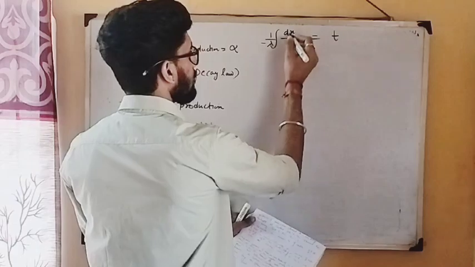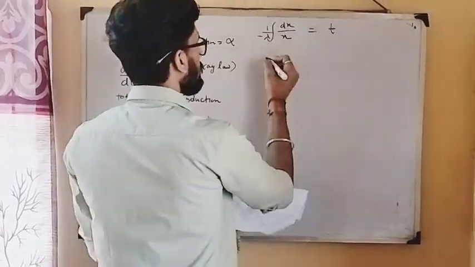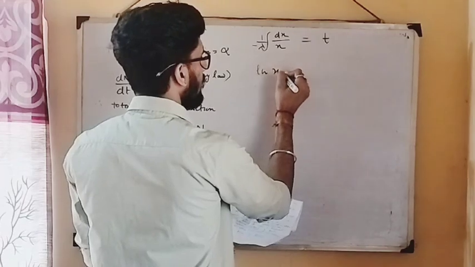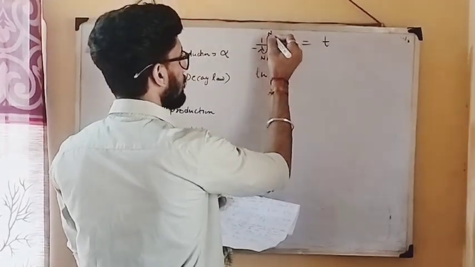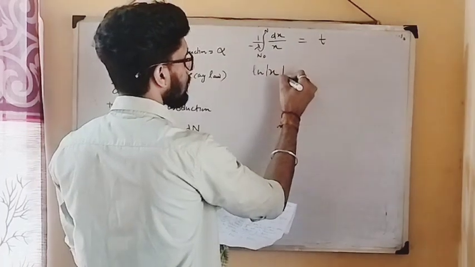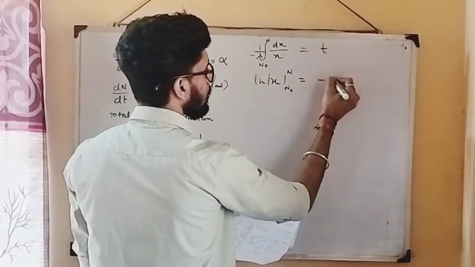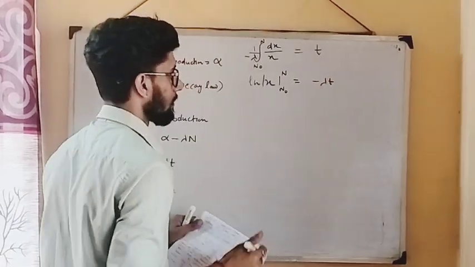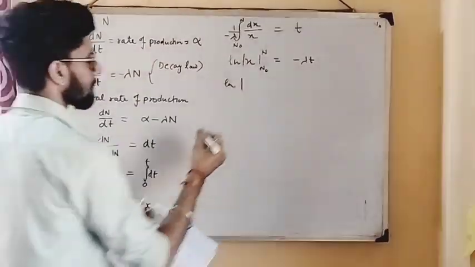So from here, integration of dx upon x is natural log of x. So natural log of x with limits n naught to n is equal to, if lambda is taken to the other side, minus lambda t. Now put the value of actual x, and x is alpha minus lambda n.